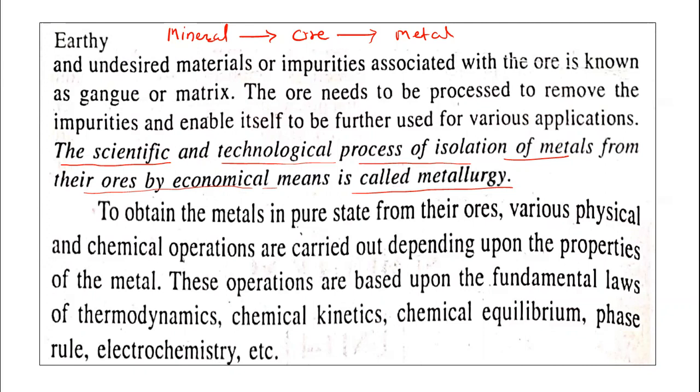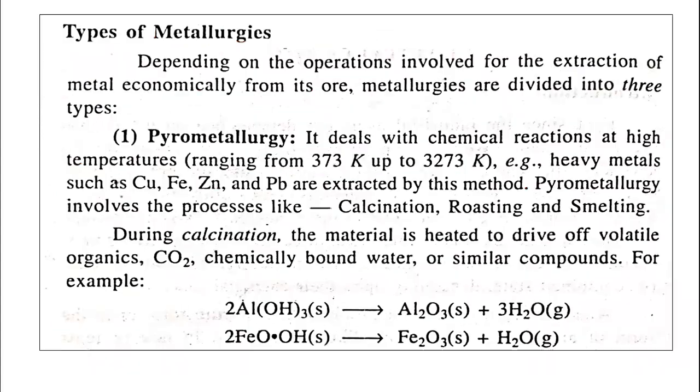So from that ore we have to extract the metal, and it is possible by various physical and chemical operations carried out on that ore. These operations are based upon the fundamental laws of thermodynamics, chemical kinetics, chemical equilibrium, etc.